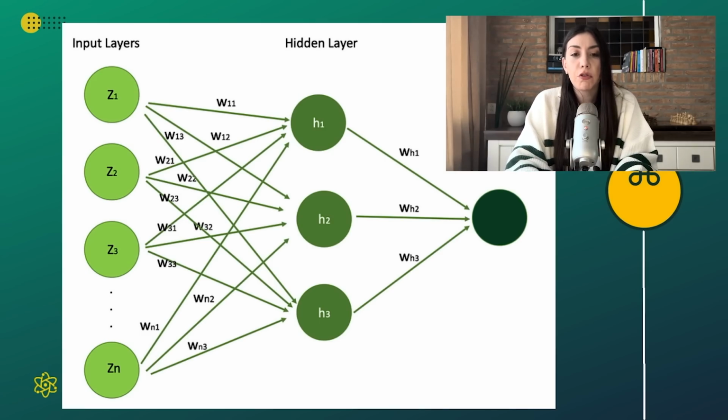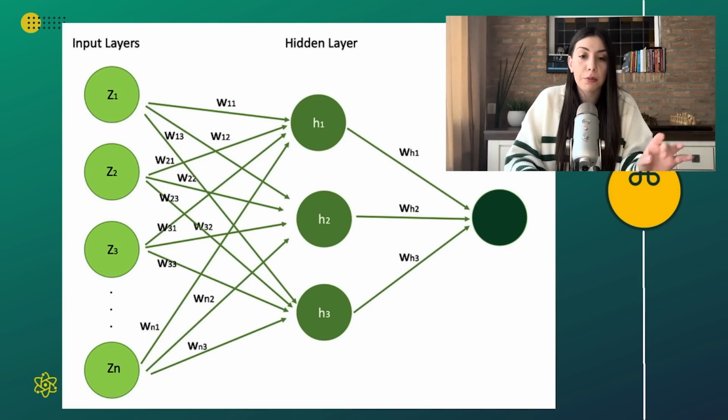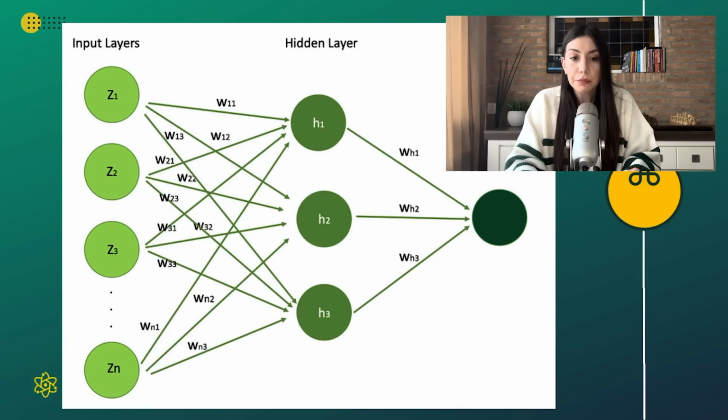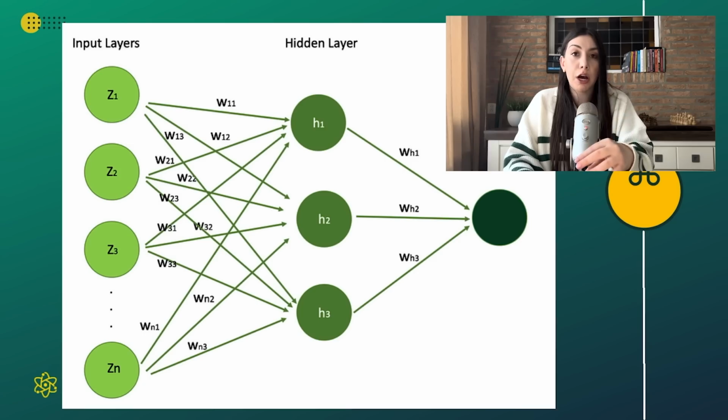Then once we have computed our activation, we are ready to compute our output. The output is computed after we have computed our H1, H2, and H3. Those hidden units have learned, based on the weights, the bias factors and the activation function, the information in our input data in the previous layer. Then we use the final weights, so WH1, WH2, WH3, to understand how much each hidden unit needs to contribute to the output layer.